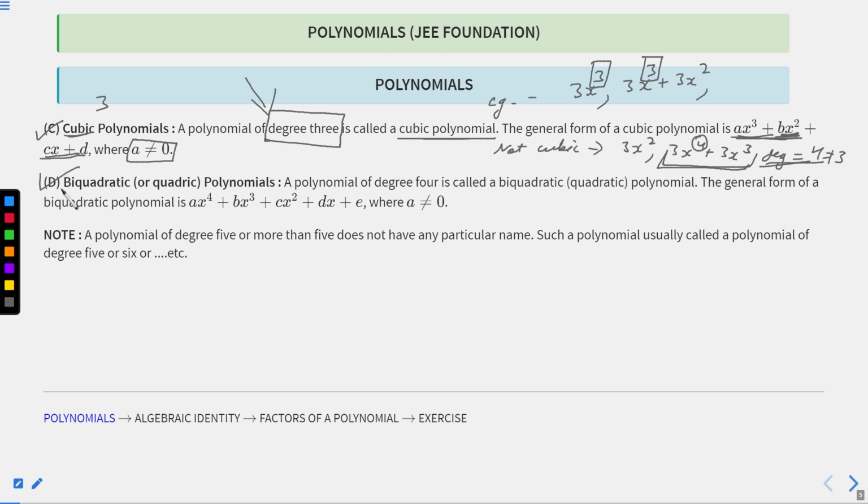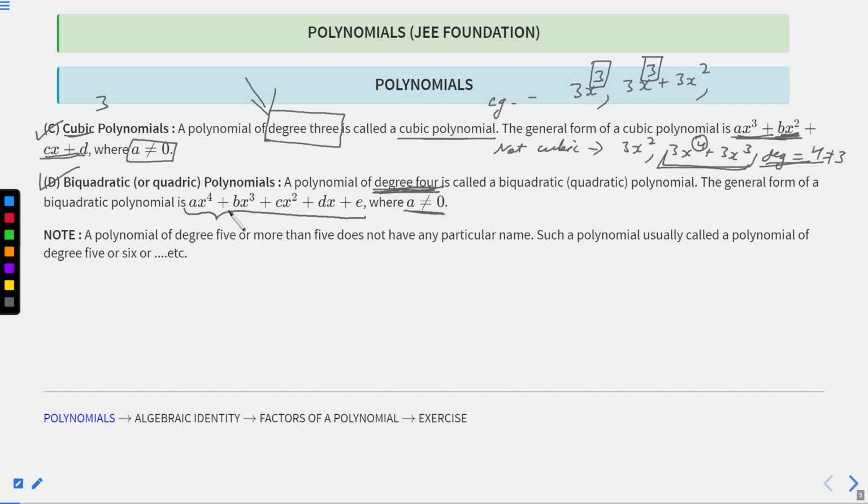Now biquadratic means the degree must equal 4. In general, biquadratic polynomials will look like ax to the 4 plus bx cube plus cx square plus dx plus e, where a must not equal 0. What if a becomes 0?